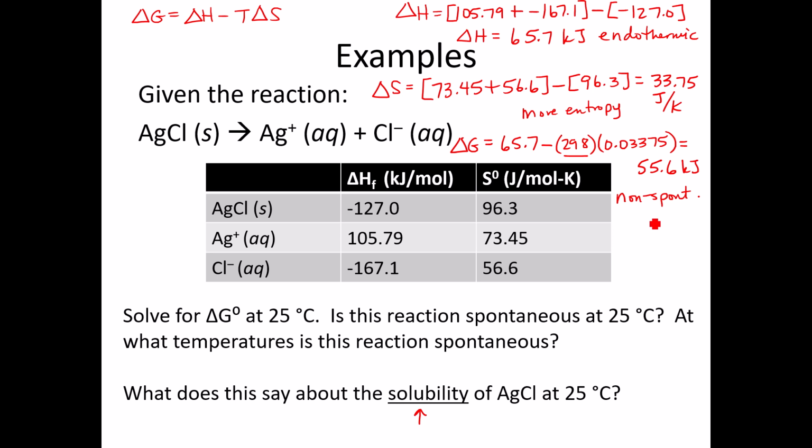So it's not going to occur spontaneously at this temperature, which indicates that AgCl is not soluble. It will not readily break down in water. And if you remember your solubility rules, you already knew that.